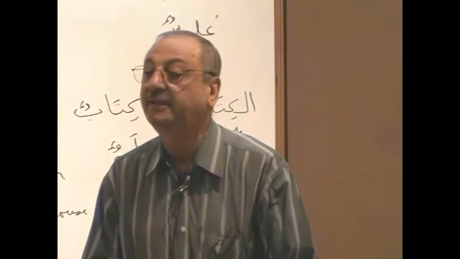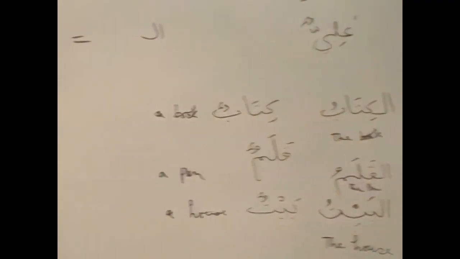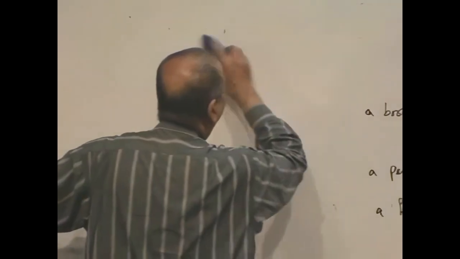You will remember this, please. And I will be repeating it again and again, inshallah. Brothers and sisters, now I come to a very important rule in Arabic, and inshallah I will try to explain it in a nice way.